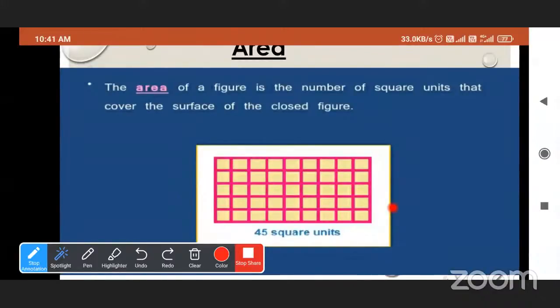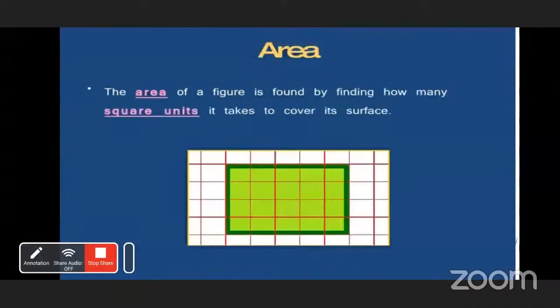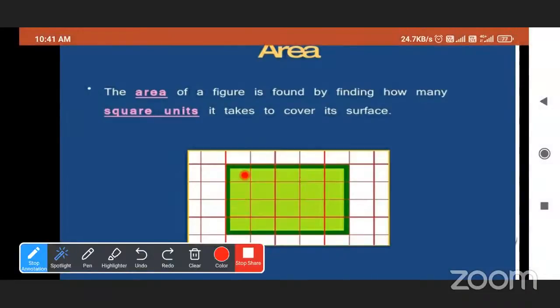The total number of squares is 45, so the area of this figure is 45 square units. Again, the area of a figure is found by finding how many square units it takes to cover its surface. So easily we will draw squares to find out the area.